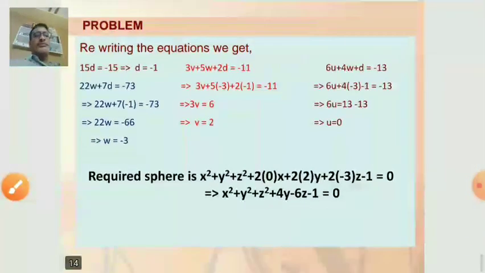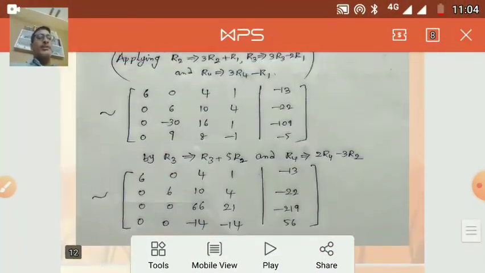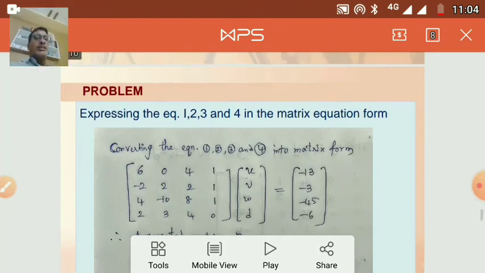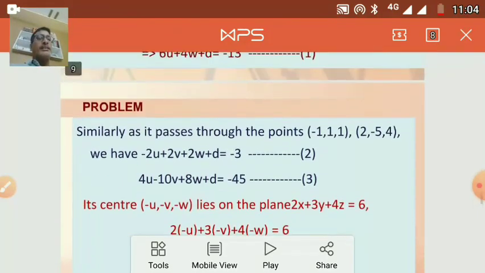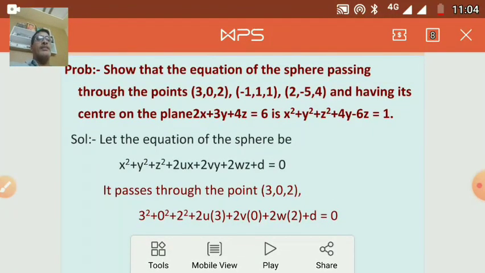So actually you may have so many problems like this. Whenever a problem is given like this, where you want to find the equation of the sphere when certain conditions are given, you have to follow this procedure.